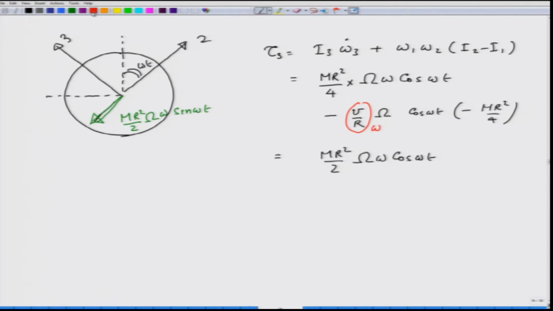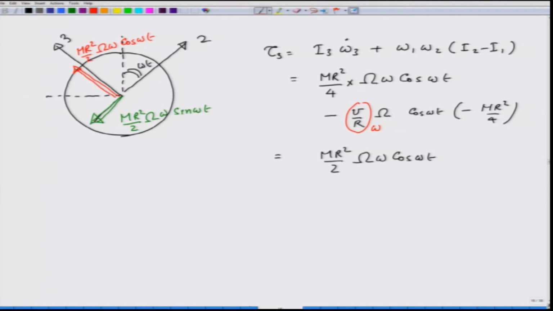So, what we have here is that towards 3 I have m r square over 2 capital omega, omega cosine of omega t. So, net torque is a combination of these two, and that is very easy to calculate.